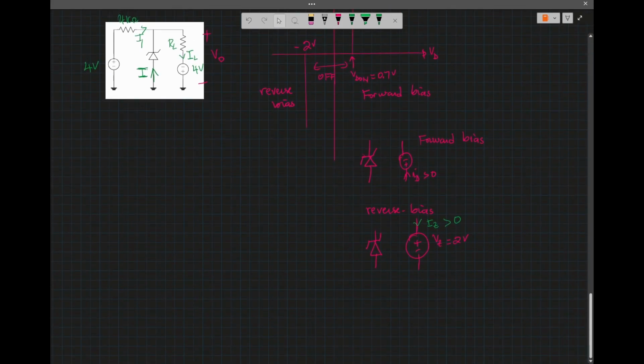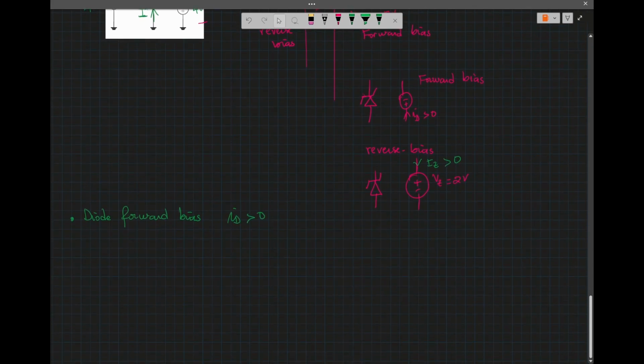So I am going to assume one of these states. Let's say that the diode is forward bias. In that case, we want the current through the diode to be positive. If that's the case, then the assumption that the diode is forward biased is true. So I'm going to redraw the network.